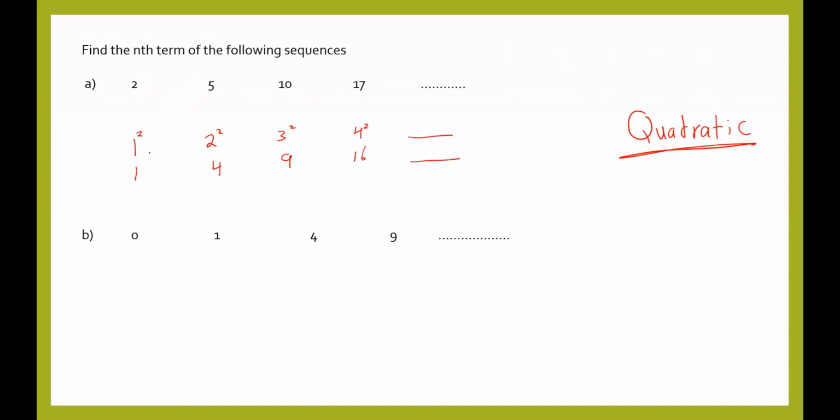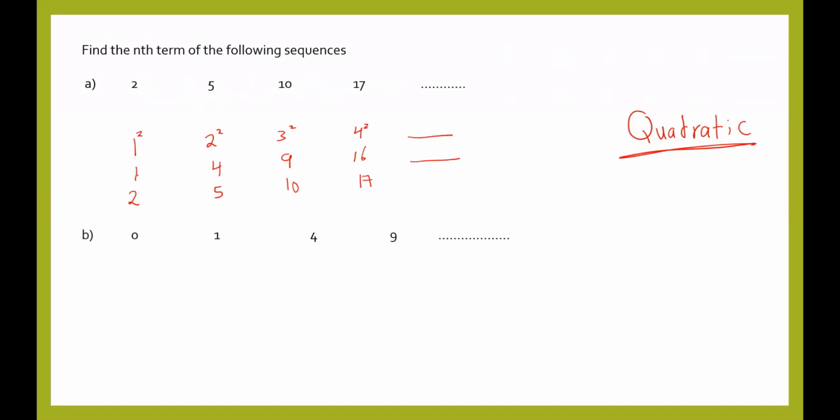Why am I using the square numbers? Because this is a quadratic sequence, which means it will have n to the power 2. So now we wrote the square numbers. Let's compare them with these: 2, 5, 10, and 17. What did we do? We squared the 1, then we added 1.